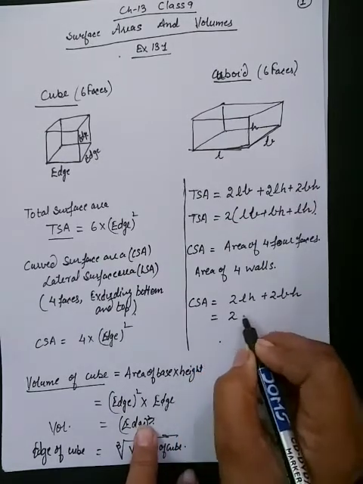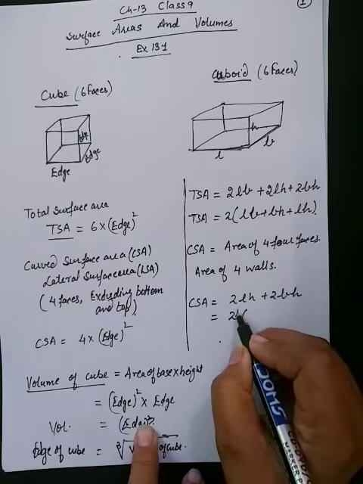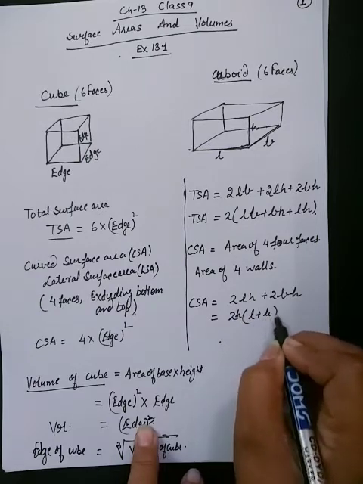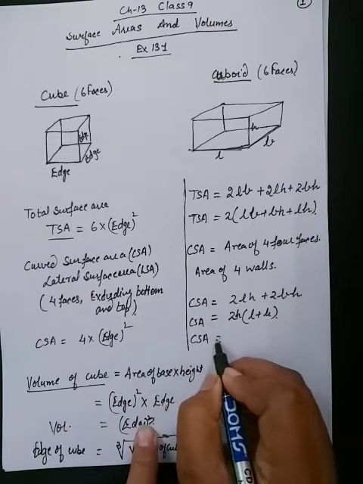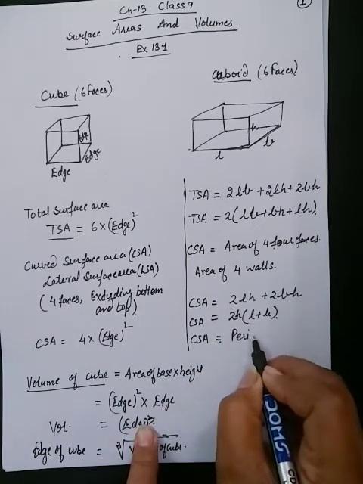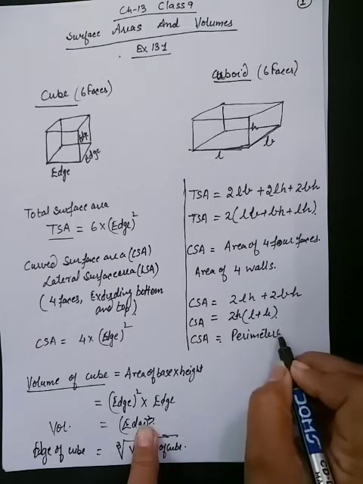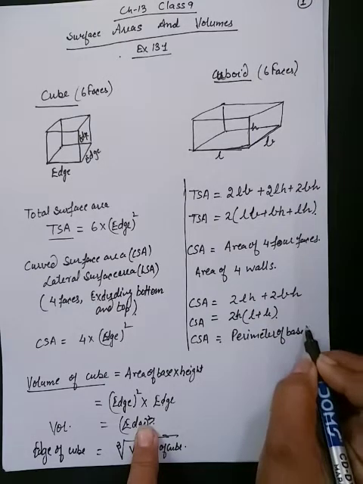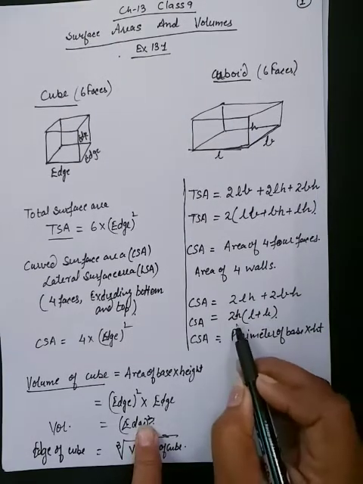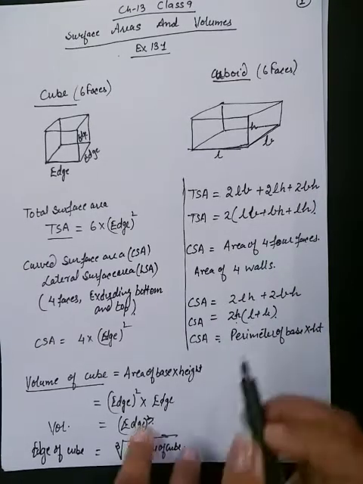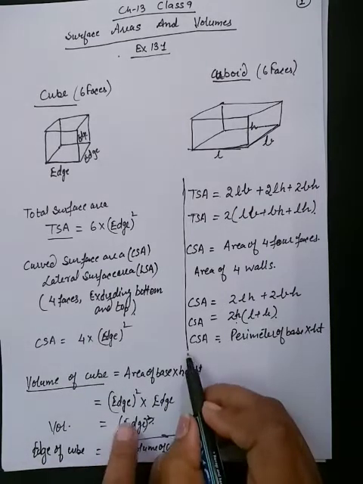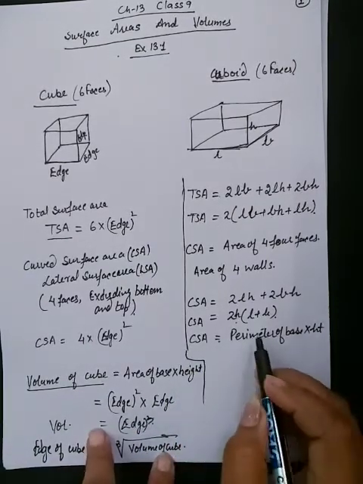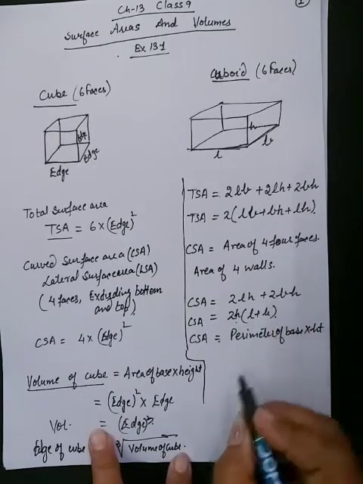Again we can take 2 common and H common, and it will be 2 into (L plus B) into H. And here CSA is also known as perimeter of base multiplied by height, because 2 into (L plus B) is the perimeter of the base, and the base of a cuboid is a rectangle. So the perimeter of a rectangle is 2 into (L plus B).